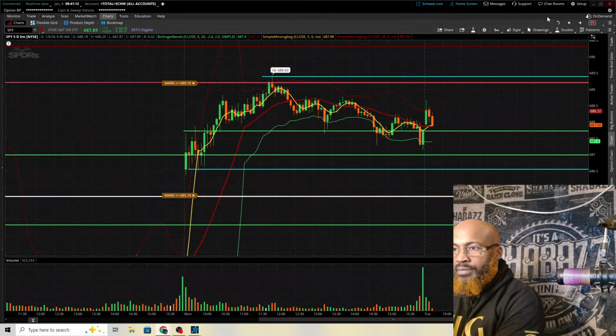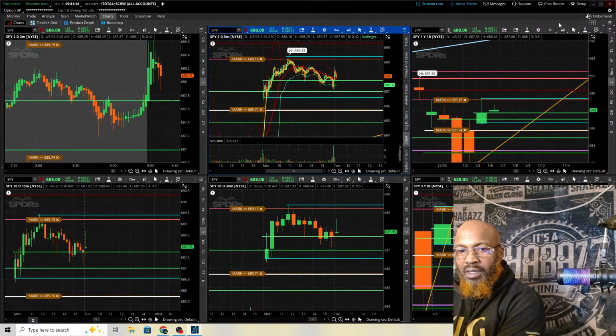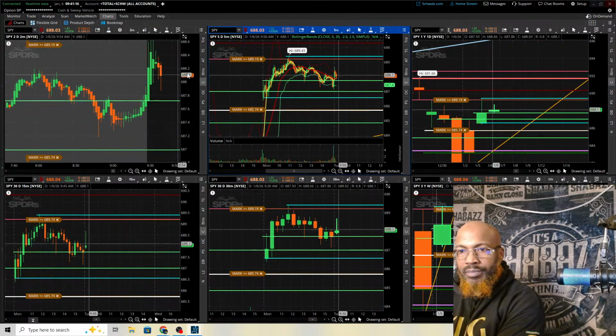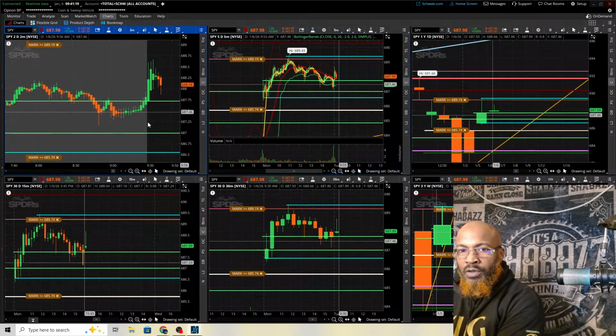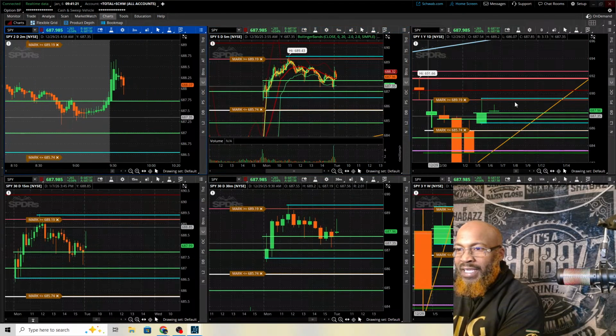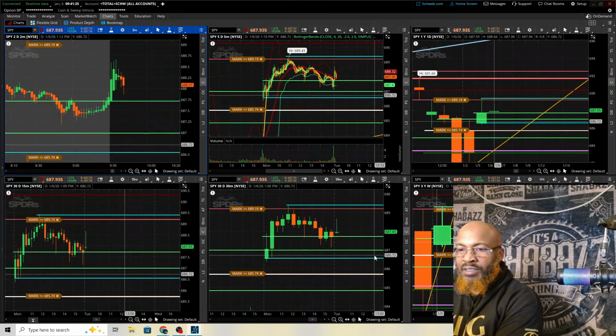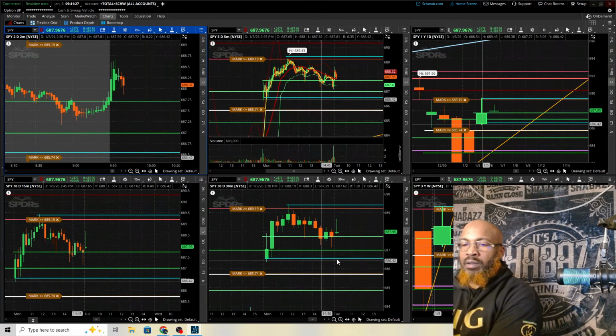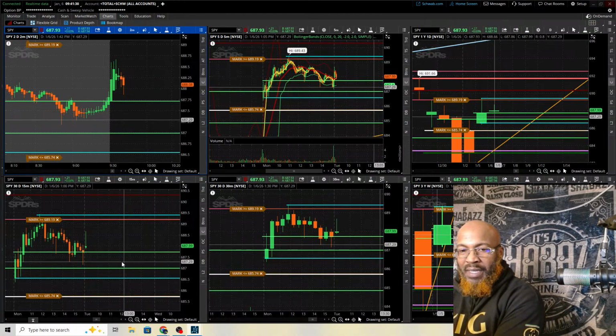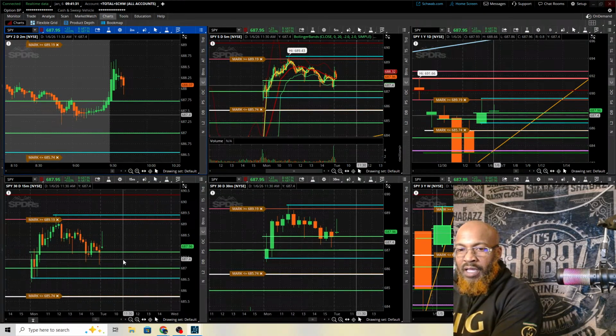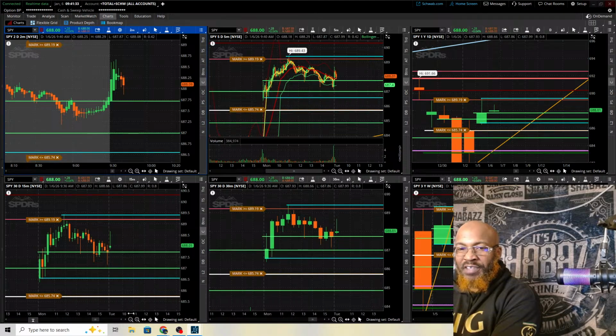Let me see what that 15 minutes looking like. For those of you who are new, top right is the daily chart. Bottom right next to me is the weekly chart. Bottom in the middle is the 30-minute chart. To the left of that is the 15-minute chart.